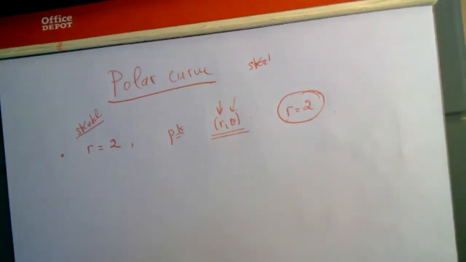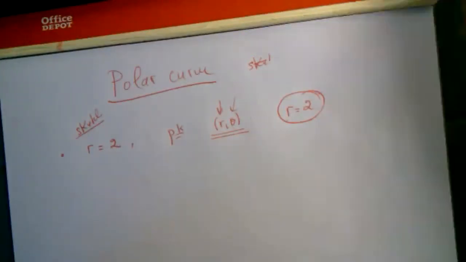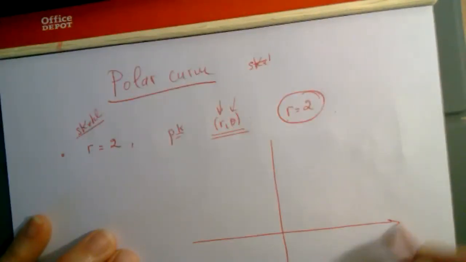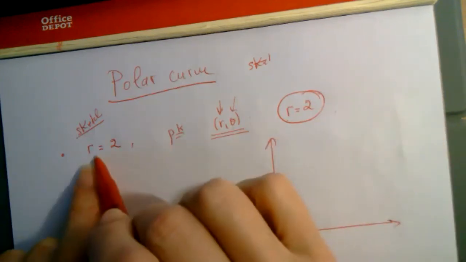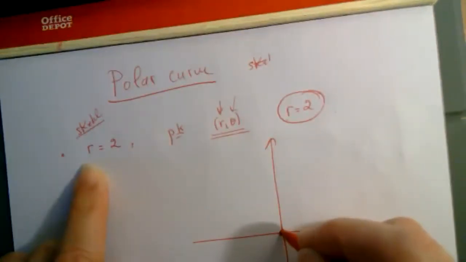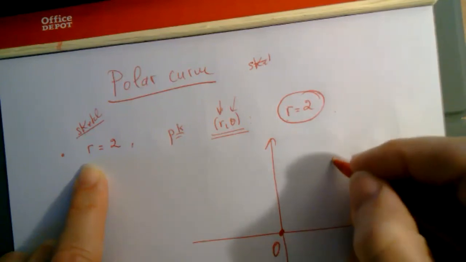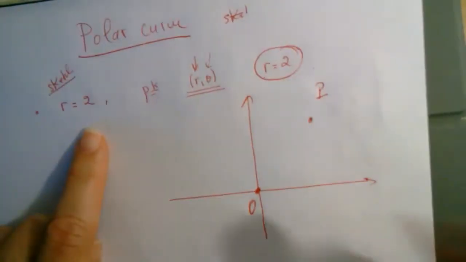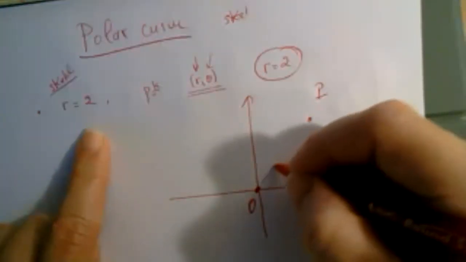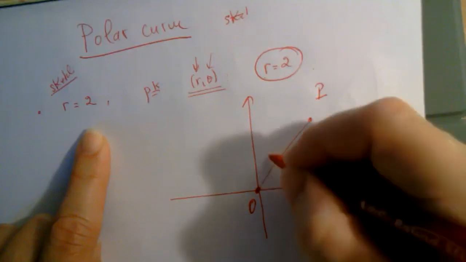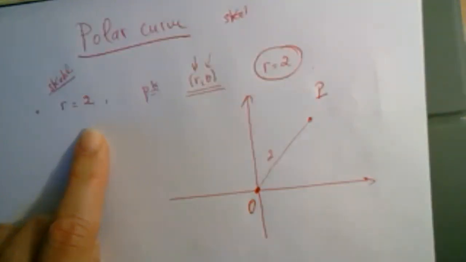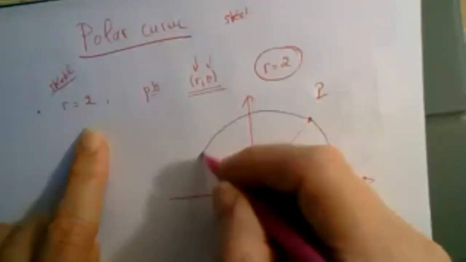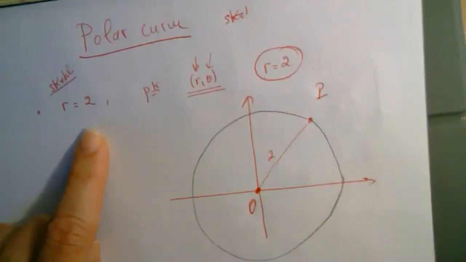A circle with radius 2, and Lori is absolutely correct, because now I'm emphasizing all the points. What is r? r is the distance between the pole and the point. So now I'm asking you to sketch all the points such that the distance from the pole to this point is 2. All the points that satisfy this condition. Oh, this is nothing more than a circle. It's a circle of radius 2.